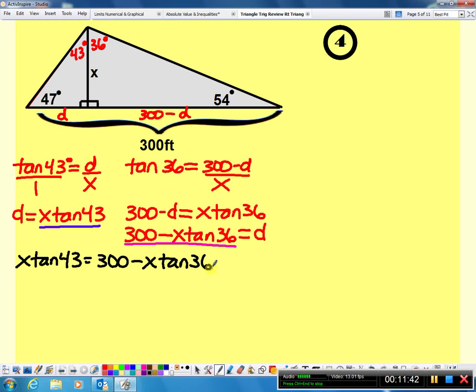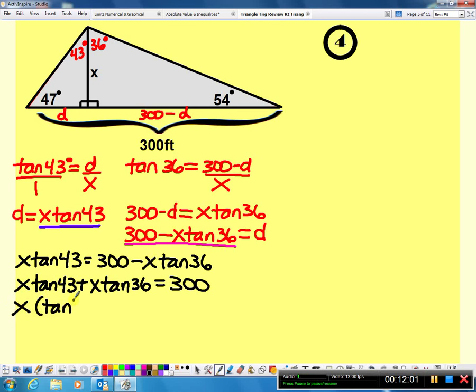So I need to group all my x terms on one side of the equation, leaving my non-x term on the other side of the equation. I need to factor x out. And now I simply need to divide.